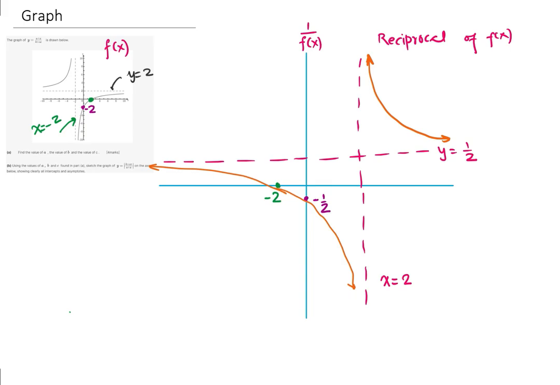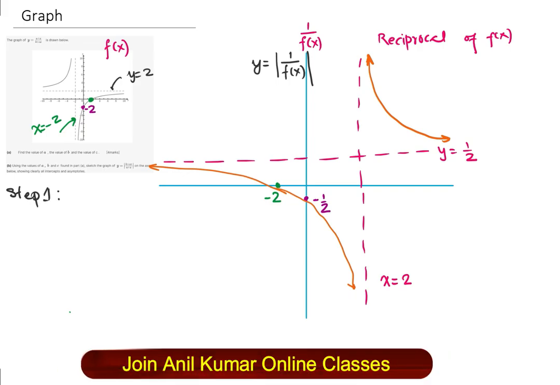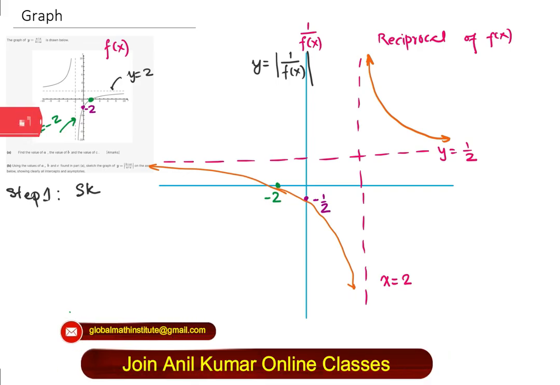correct? Now finally, we are going to sketch the graph required, and which is, we'll now sketch the graph of y equals absolute value of this function, 1 over f of x. You get the idea. So in step 1, sketch reciprocal.